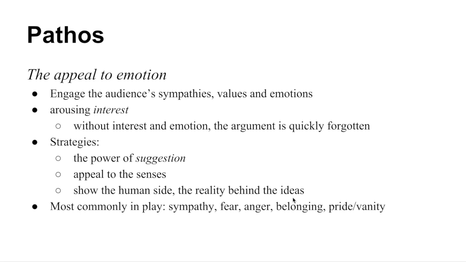So a lot of parts of our political situation right now in the United States are driven by this emotion. What race or political affiliation do I belong to? And there's a lot of tension about senses of belonging. And then pride or vanity. I want to look or feel like I'm valued or good. Very powerful emotions. So these are about the 5 different emotional options you have when you're persuading somebody.